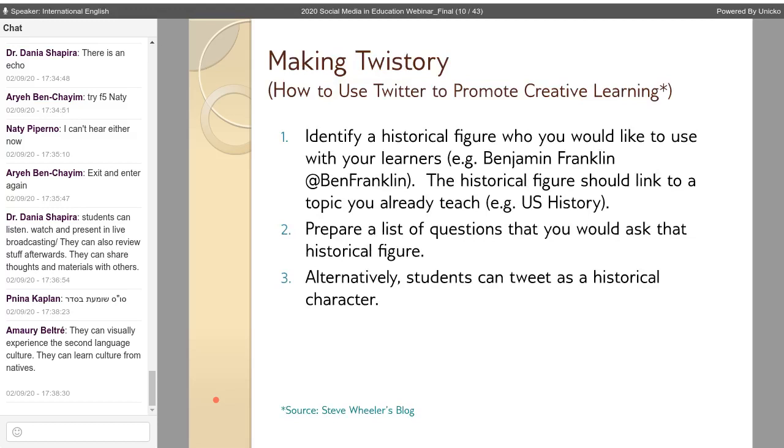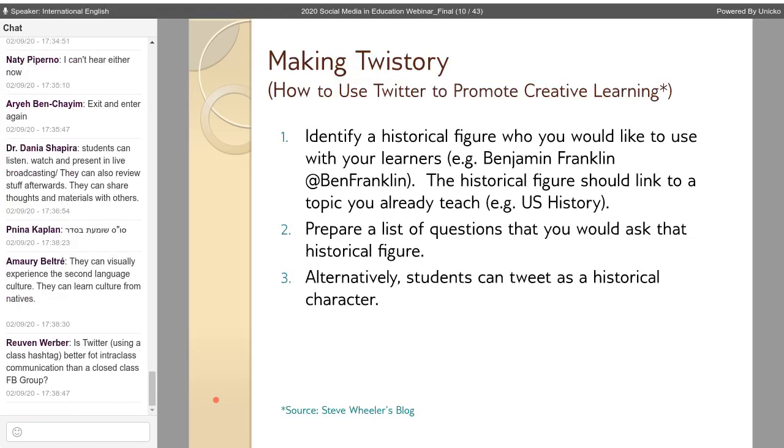All right. So we're now going to look at an example which illustrates how Twitter can be used to promote creative thinking. If you're a history teacher, if you teach history, you can use Twitter to teach American history.